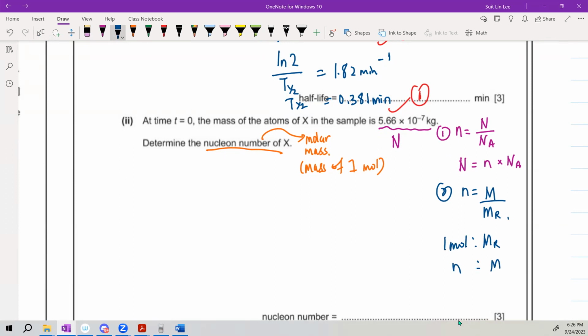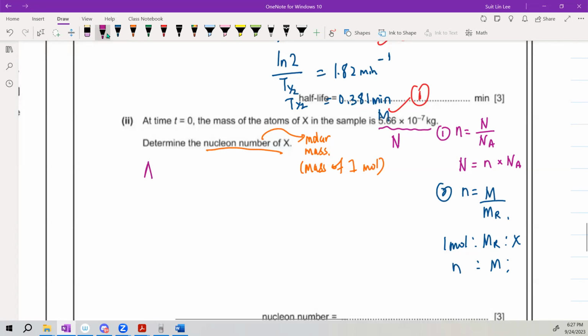Cross multiply. 1 mole is the molar mass, which is also the nucleon number x in grams. Then if my mass is this amount, this is my m. Basically I'm trying to find the number of moles for m. So what I'm saying is I need to know how many particles is 5.66 times 10^-7.